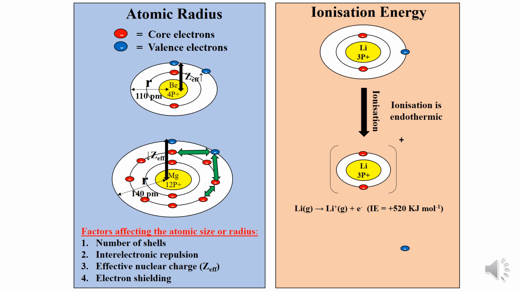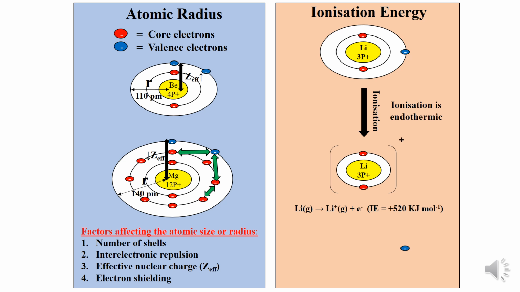Why is ionization an endothermic or energy demanding process? It is because of the Coulombic force of attraction between the positively charged protons and the outermost valence electron. So in case of lithium, there are 3 positively charged protons in the nucleus that attract the negatively charged valence electron.